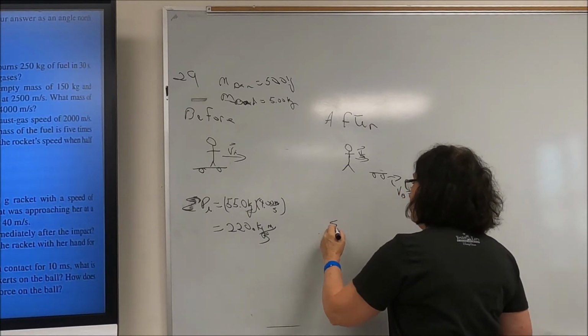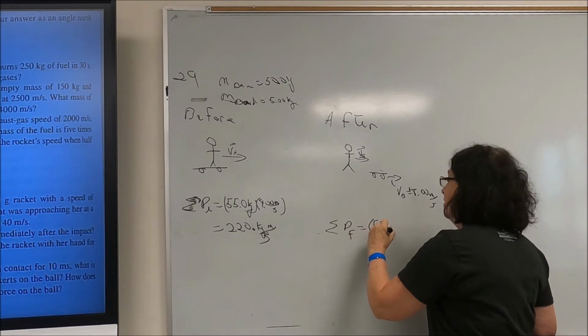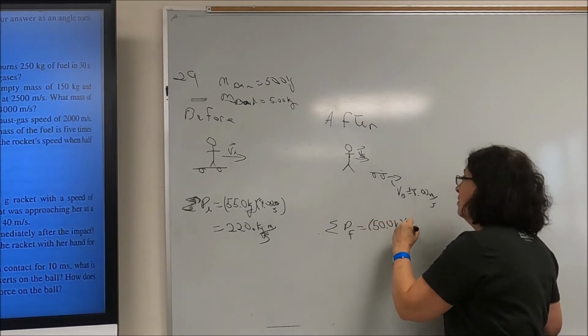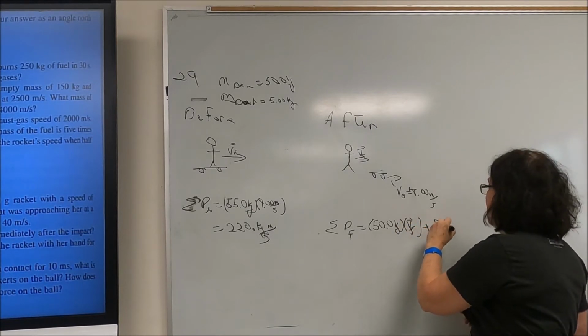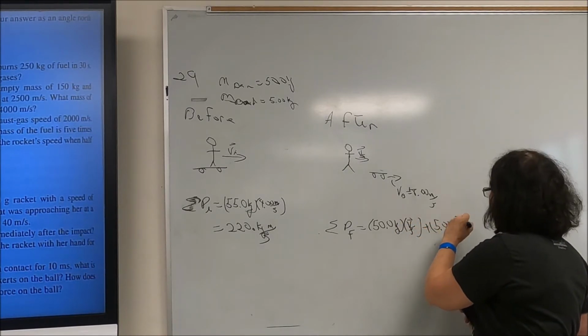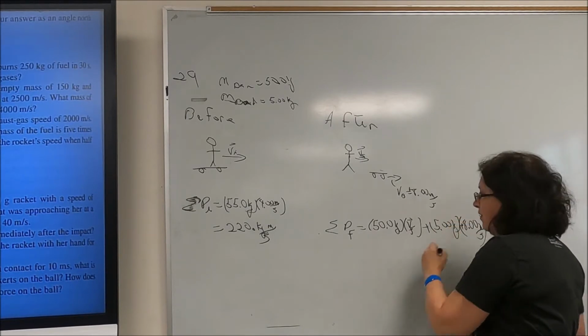So the sum of the momentum final is going to be 50 kilograms times V final plus 5 kilograms times 8 meters per second positive.